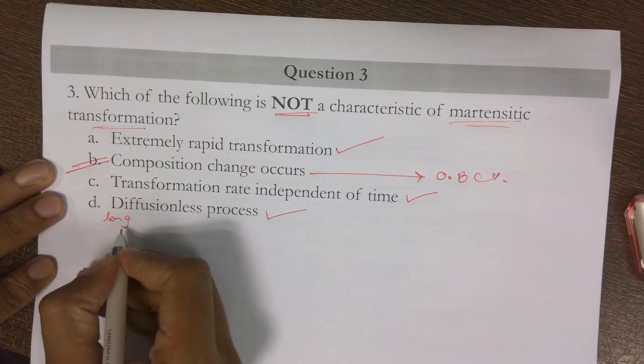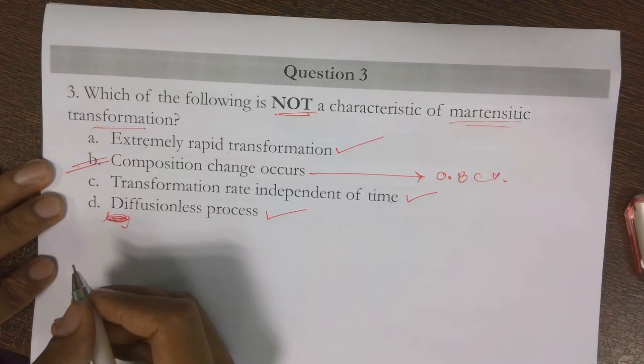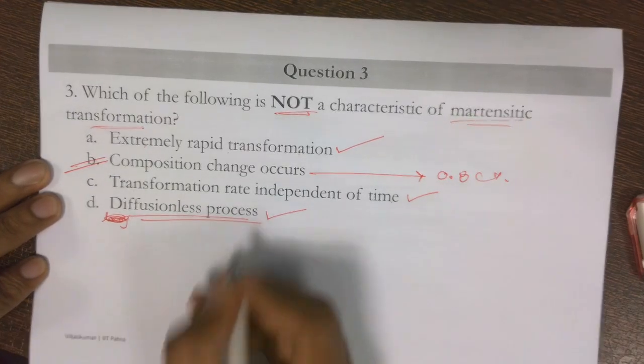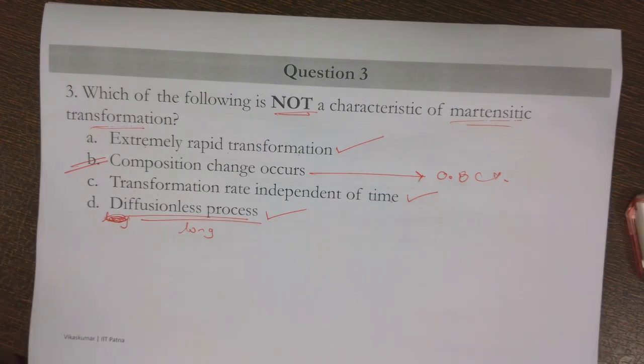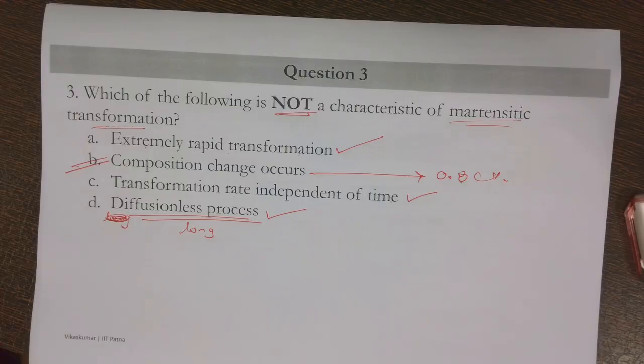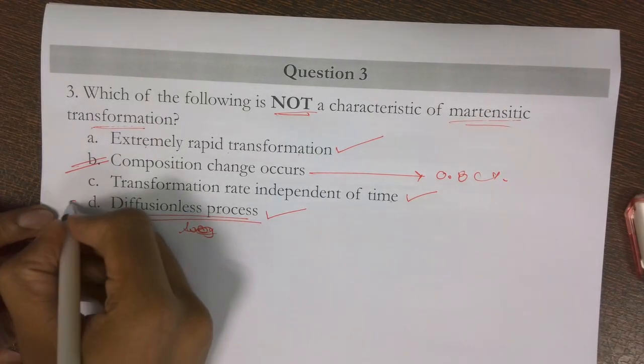So, short range. It is long range diffusionless. So what is happening in the martensite transformation when we go from austenite to martensite? We have to be very precise. The long range diffusion is not happening. The short range diffusion will happen.